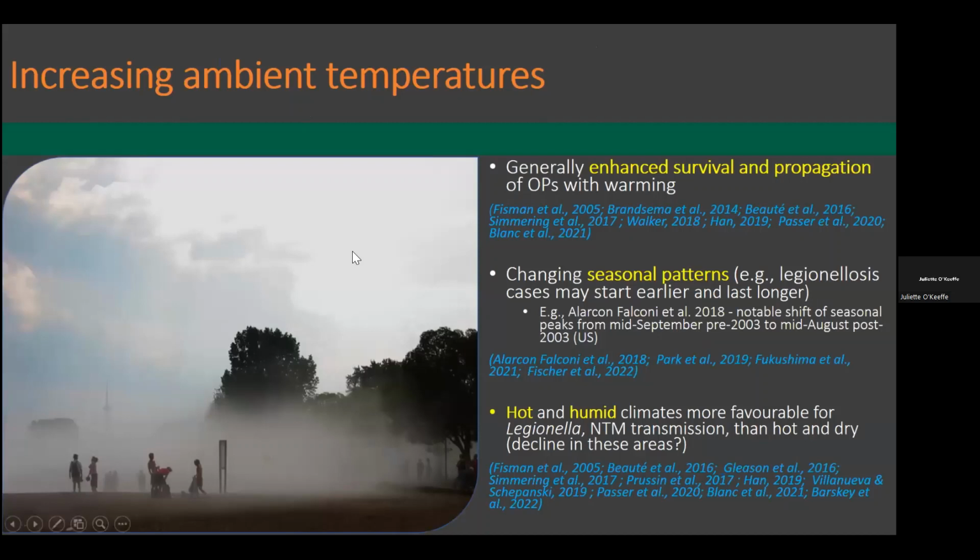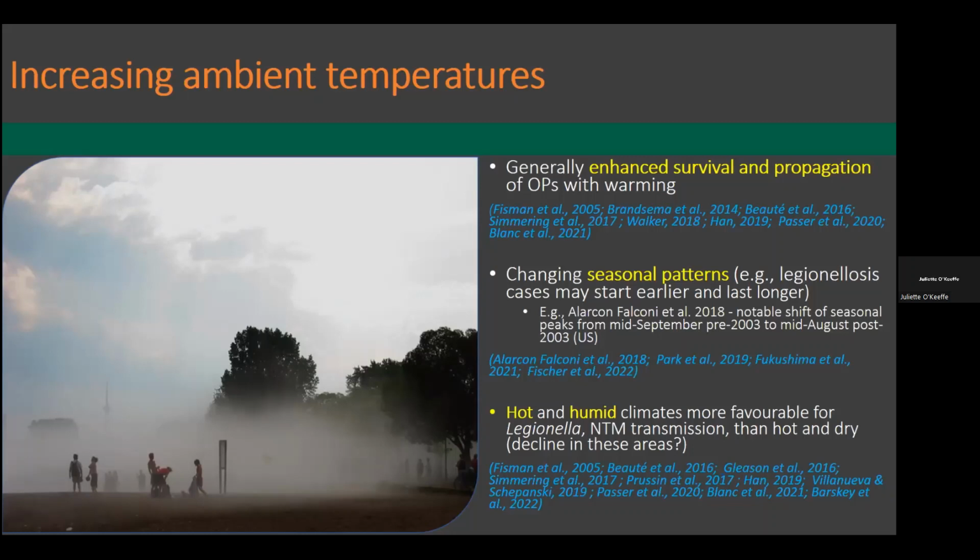The literature shows us that generally these organisms are favorable to more warm environments. So we expect that there'll be enhanced survival and growth of opportunistic pathogens generally in the environment, but also potentially in engineered water systems. And there's that warming effect, which doesn't really stand all on its own. We do see that there's links to other types of environmental factors, but we do see that there are changing seasonal patterns.